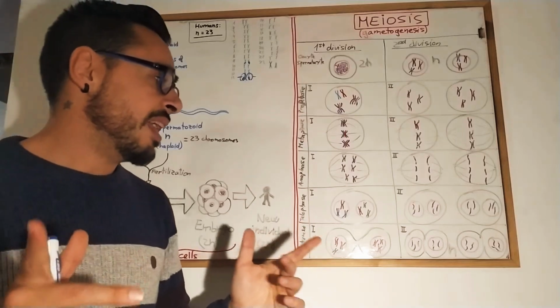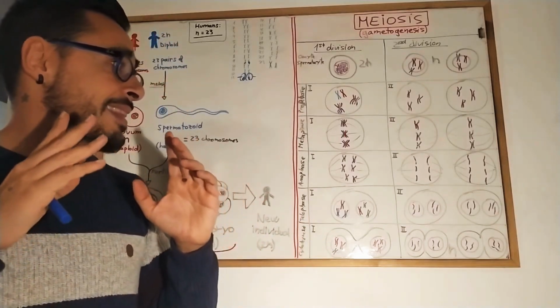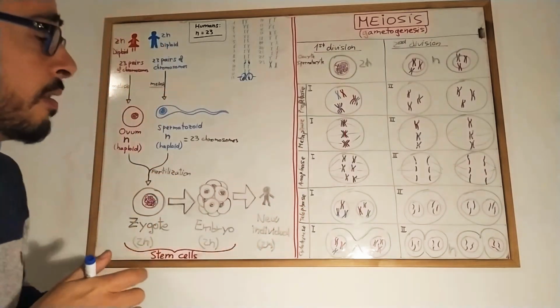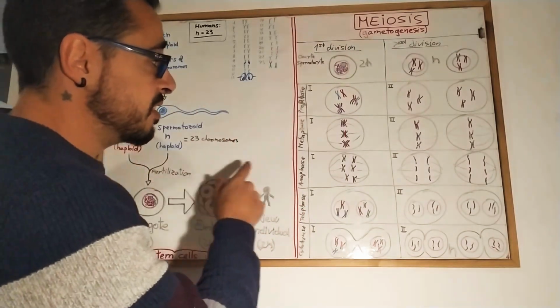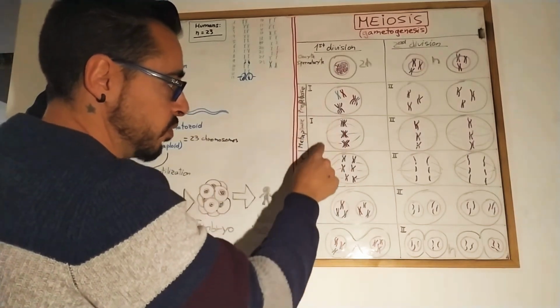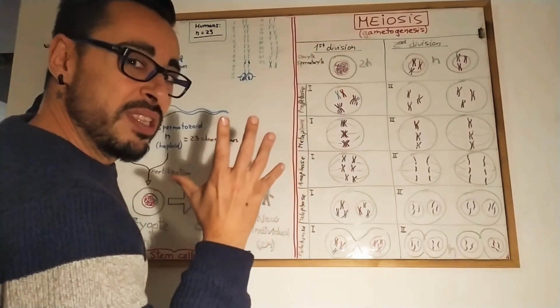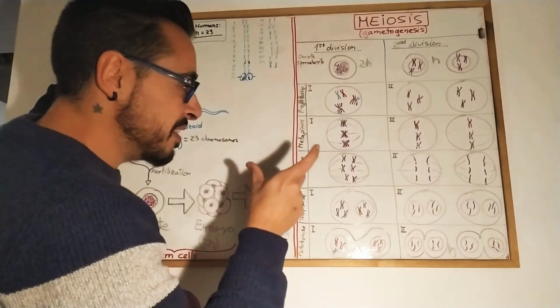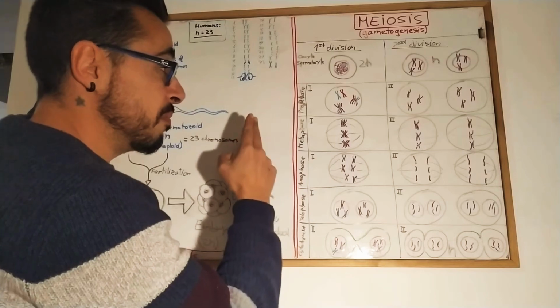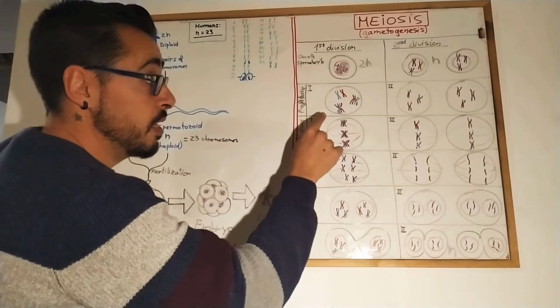And lastly, the key of the question, okay, is these 3, which make the difference. These 3 are the ones that make the difference with mitosis.